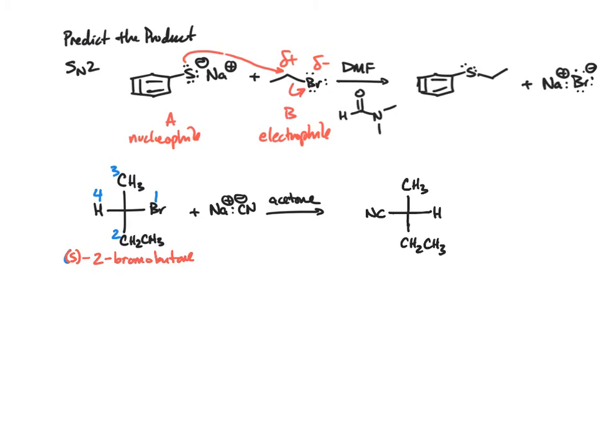Right. So your nucleophiles have thus far consisted of a cation and an anion. The reason you want a polar aprotic solvent is that that solvent is going to solvate the cation.